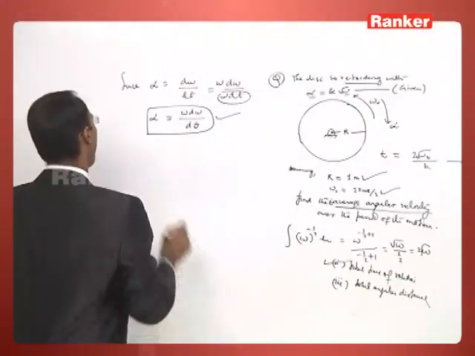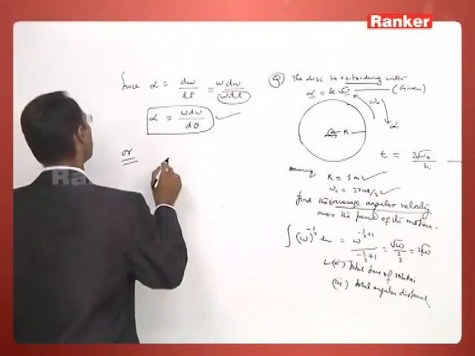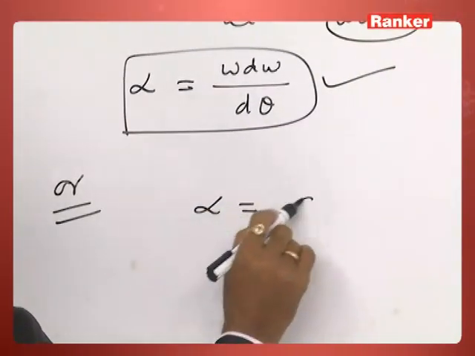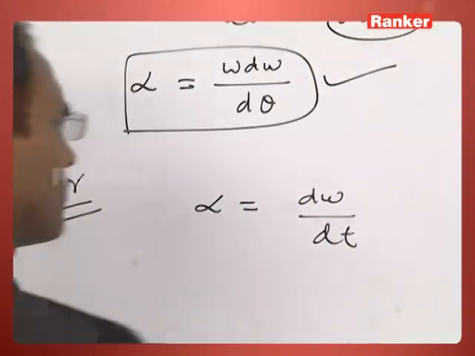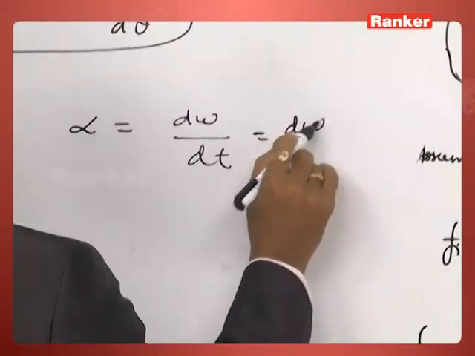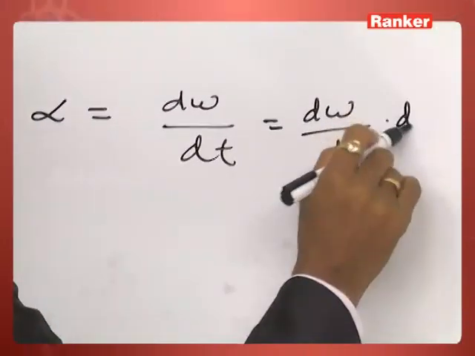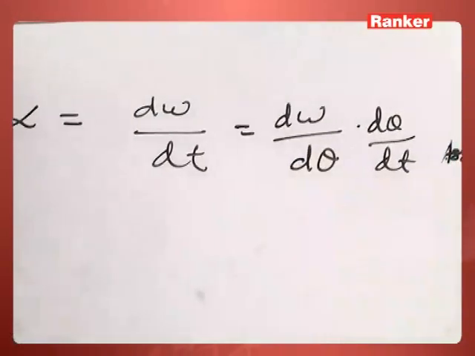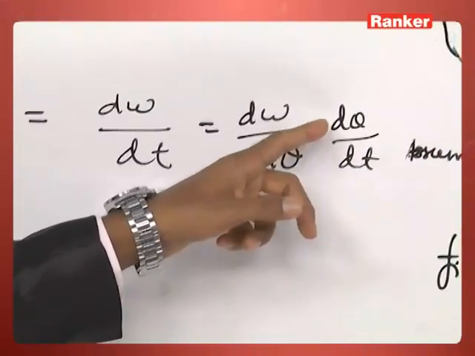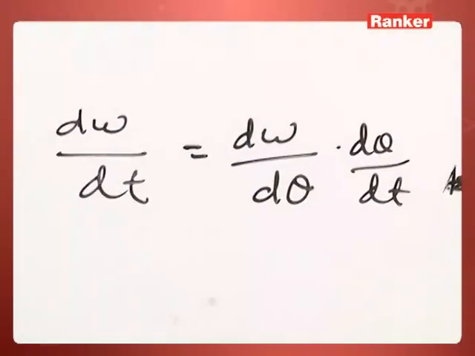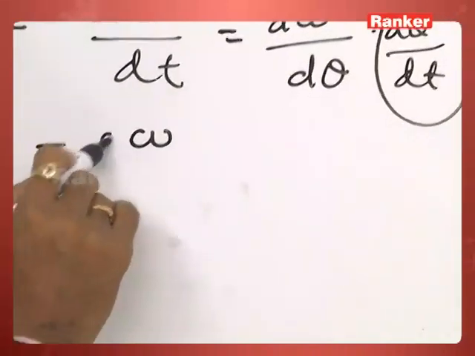Or alternately, we can write it like this: alpha equal to d omega by dt. We can write d omega by d theta into d theta by dt. Multiplying both numerator and denominator by d theta, d theta by dt we can write as omega.